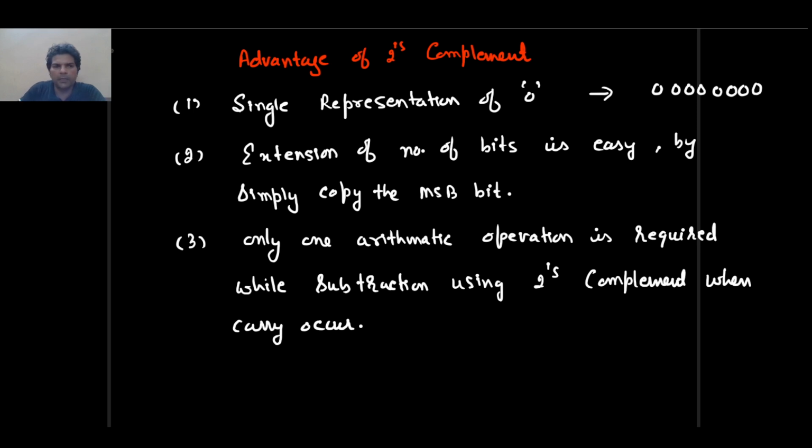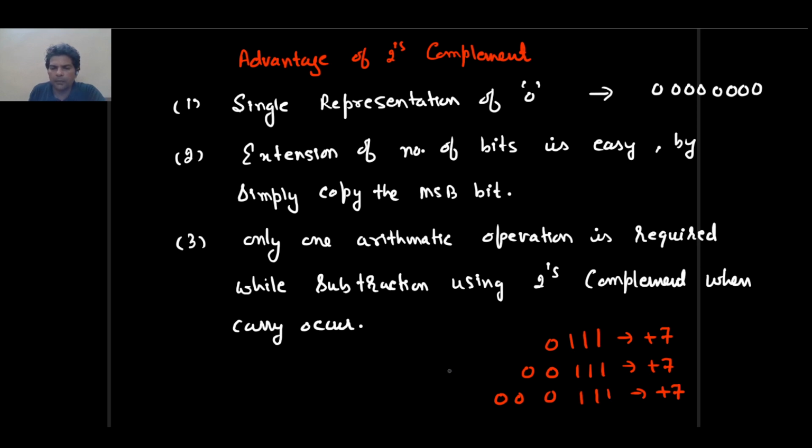Let's say 0 1 1 1. This is plus 7. If we simply copy the MSB, then this is again plus 7.